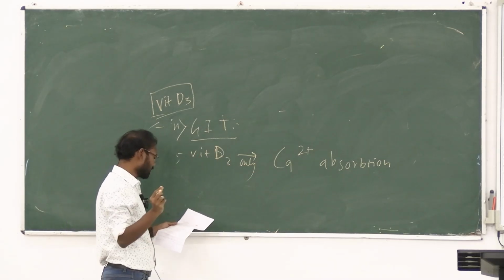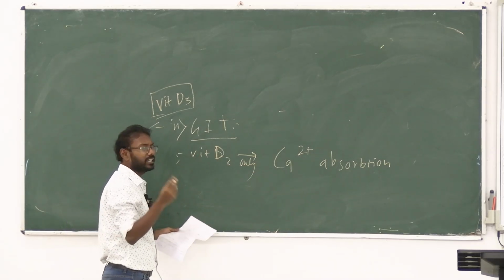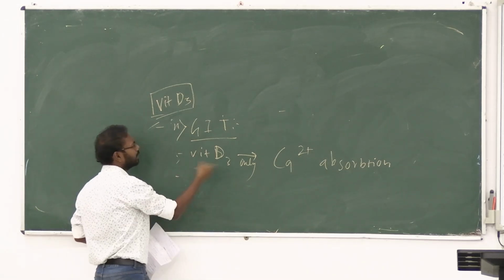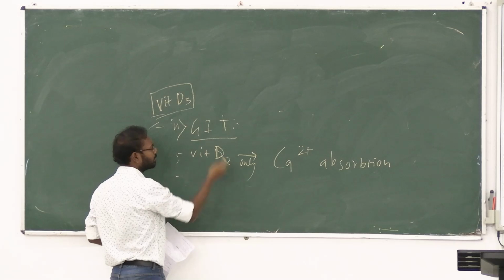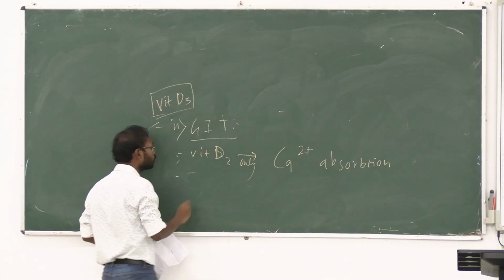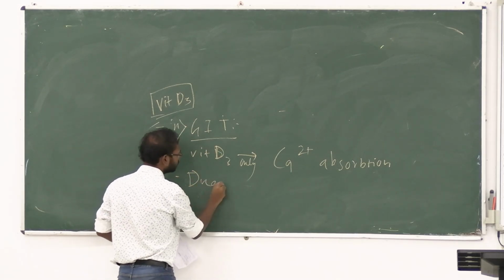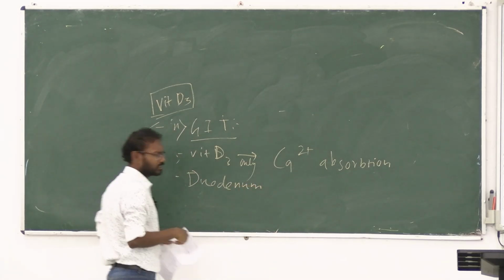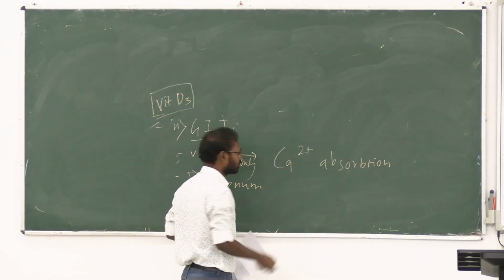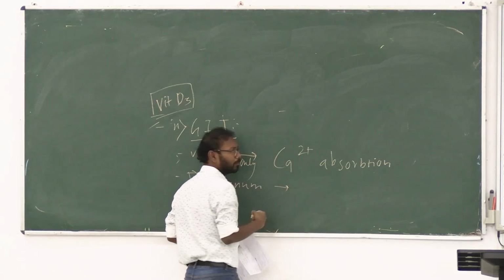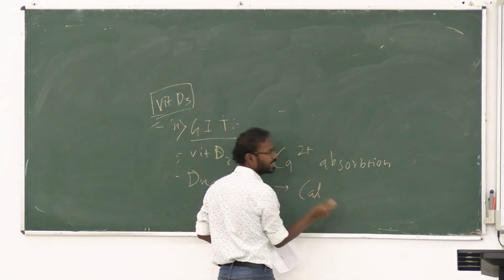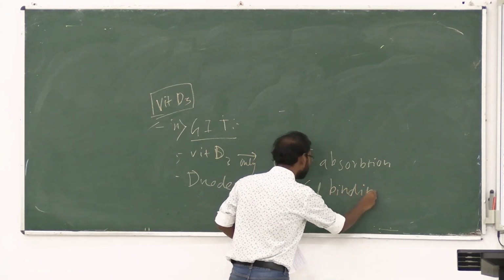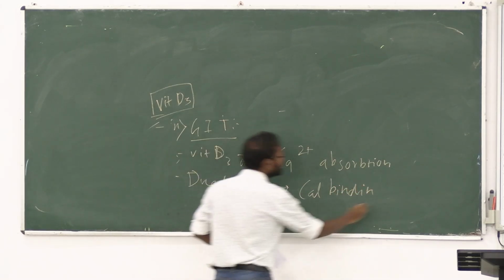This is the only action on GIT, by three factors. What factors, and in which place does it help this calcium absorption? In which place of the GIT? That is the duodenum. Look, in the duodenum there are three factors. What does it increase? Calbindin. Do you understand?